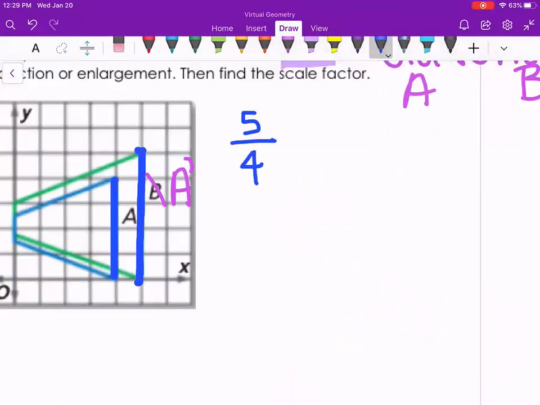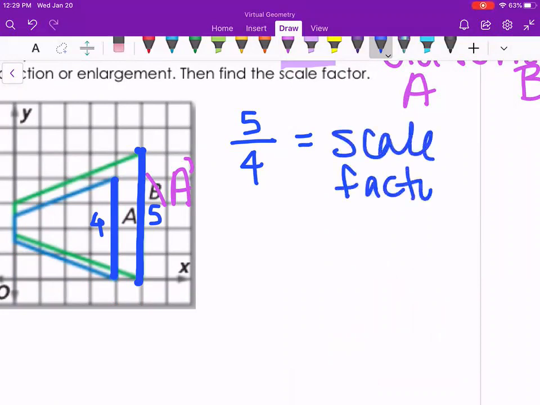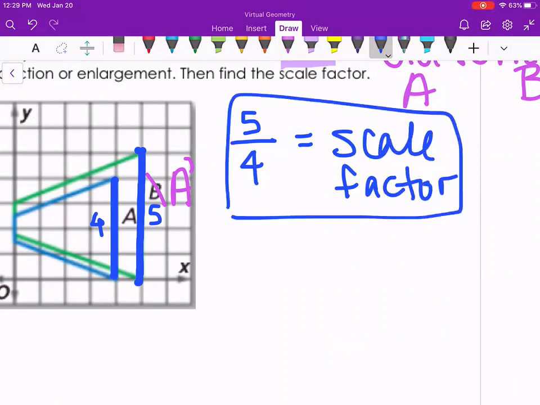That does not reduce, so that possibly is my scale factor, 5 to 4. And again, that's all it takes is one set of matching sides to find that scale factor. There's our ratio.